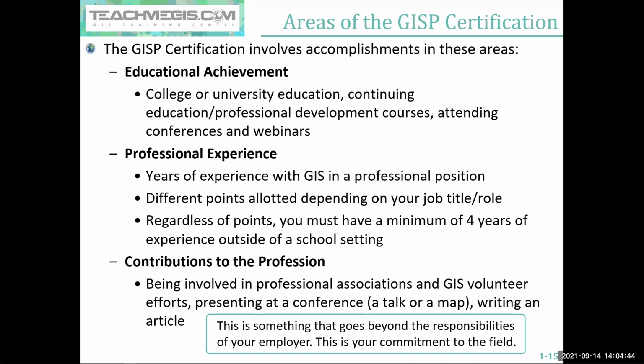So you can get portions of a point. If you take a 2-hour workshop, that counts as some decimal part of a point. So don't forget anything, right? And you can go all the way back as long as you can remember and have evidence to get these points. And the GISCI, they're really understanding people. They will accept almost anything reasonable to verify your educational achievements.